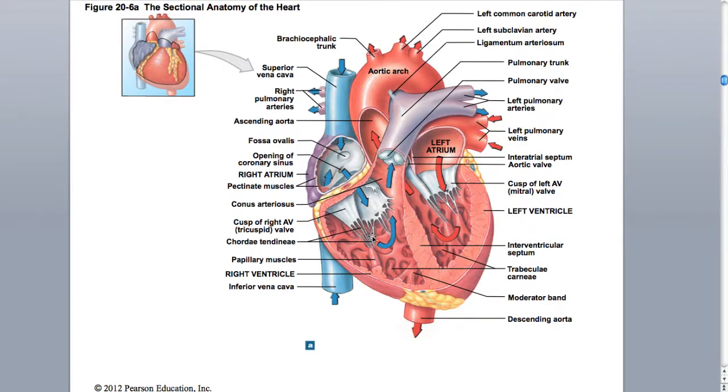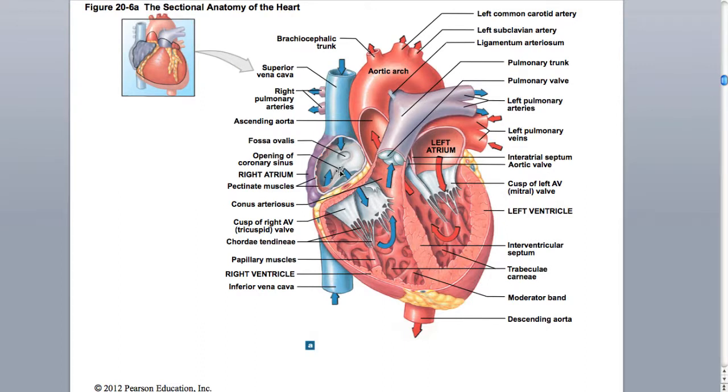Now let's go over the heart valves again. So I'm going to start up here now. The first thing we see here is the fossa ovalis, which I mentioned in the previous slide was formerly called foramen ovale, right? So the foramen ovale became fossa ovalis. Then we have the opening of the coronary sinus.